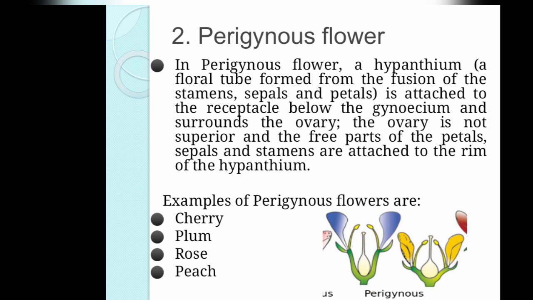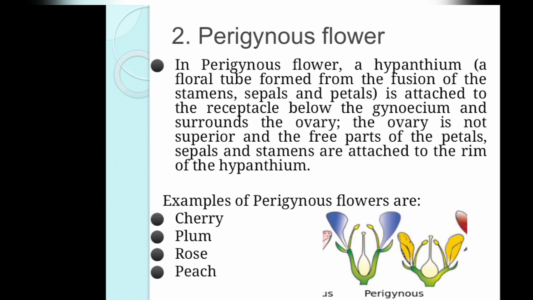The second type is the perigynous flower. In a perigynous flower, the hypanthium is attached to the receptacle below the gynoecium and surrounds the ovary. The ovary is not superior, and the free parts of the petals, sepals, and stamens are attached to the rim of the hypanthium. So here the ovary is not superior. The position of the ovary and other floral parts is almost at the same level, at the center. Then it is known as a perigynous flower.